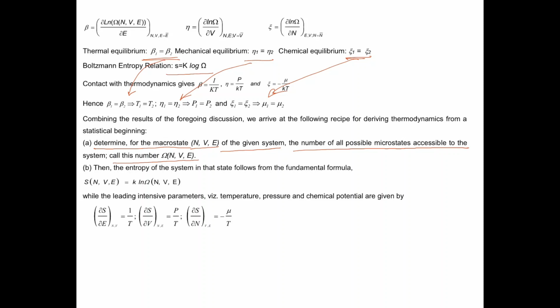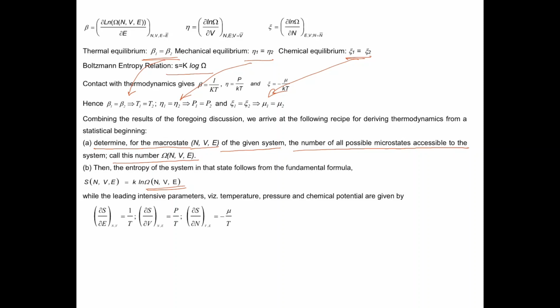And the second step will be then the entropy of the system in that state follows from the fundamental formula, which we have written as the Boltzmann entropy relation, S equal to K log omega. As omega we have derived in step A, we have determined what is the value of omega for a given macro state of the system.